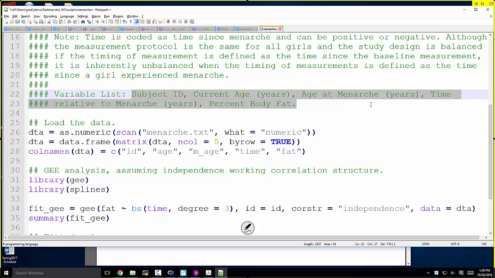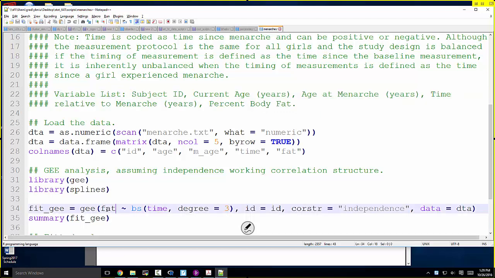We have their age at menarche and time and the response, percent body fat. So we're going to consider a regression model that says fat response is a function of time. Let's model the time course of fat for these girls.